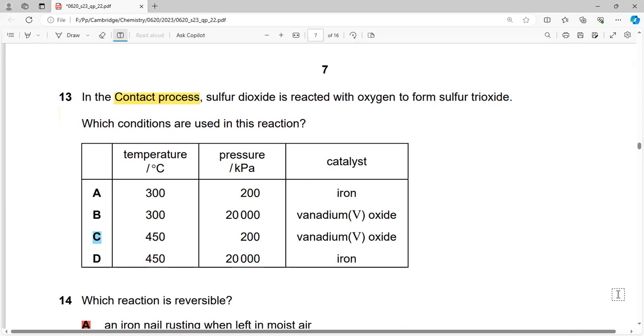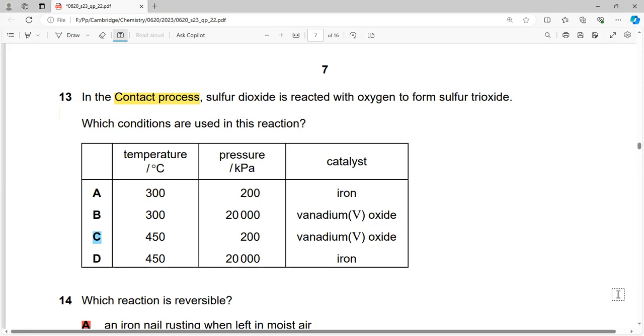In question number 13, in the contact process, sulfur dioxide reacts with oxygen to form sulfur trioxide. Which conditions are used in these reactions? That's a knowledge-based question. Two processes are included, the Haber process and the contact process. You need to learn by heart what conditions are essential to keep these reactions going in the forward direction, because these are reversible reactions.